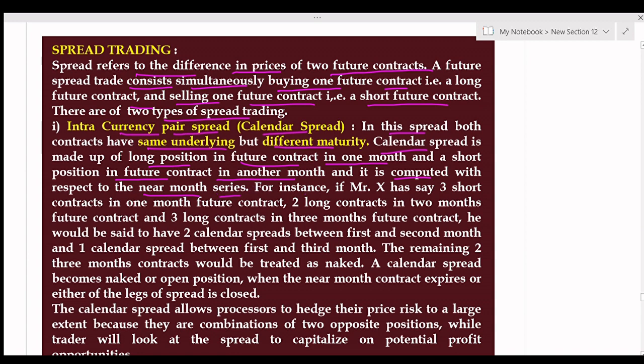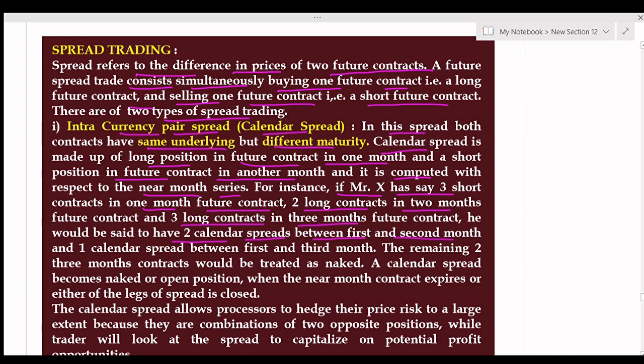For instance, if Mr. X has, say, 3 short contracts in the first month future contract, 2 long contracts in the second month, and 3 long contracts in the third month future contract, he would be said to have 2 calendar spreads between the first and second month.